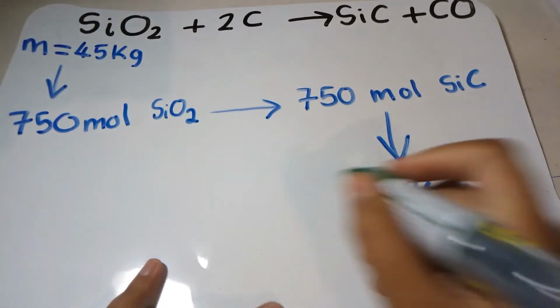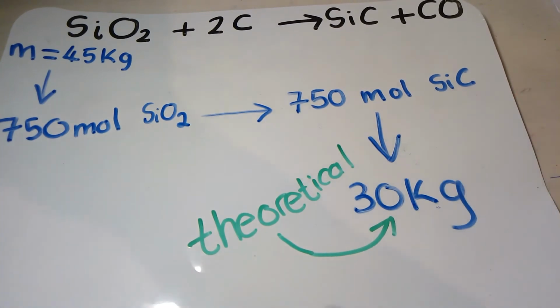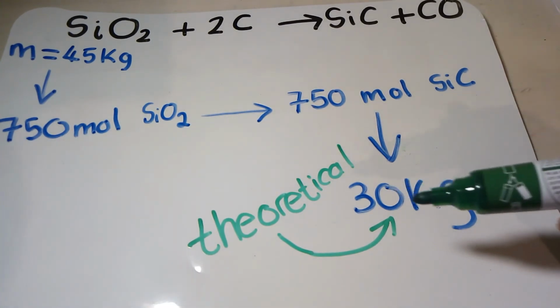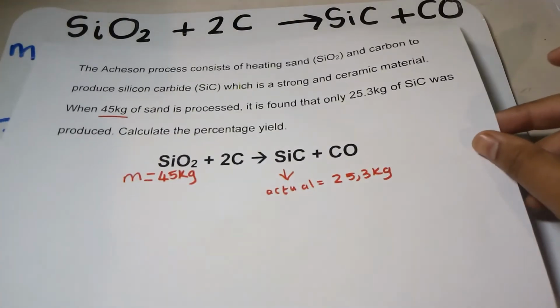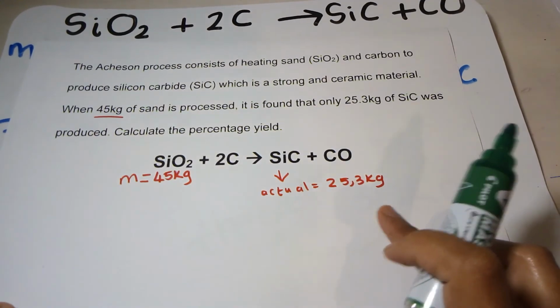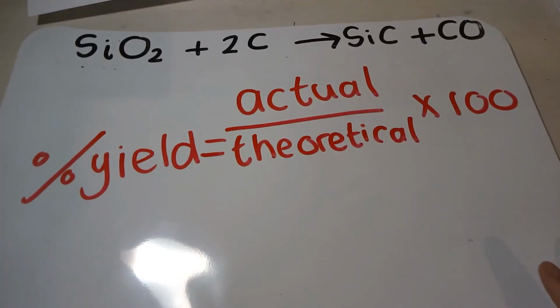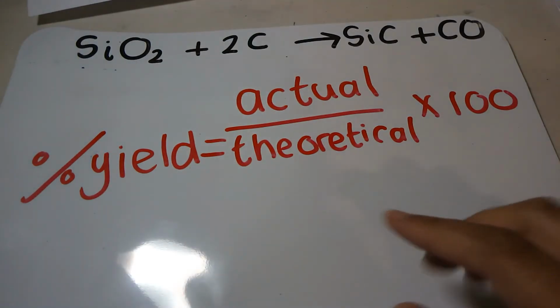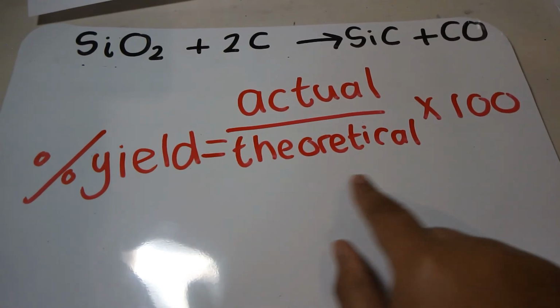So this is my theoretical product. This is how much I should get. But according to our question, we didn't have 30 kilograms, we only had 25, and that is my actual. Let's go back to our formula: the percentage yield is equal to the actual amount divided by the theoretical amount that you calculated.